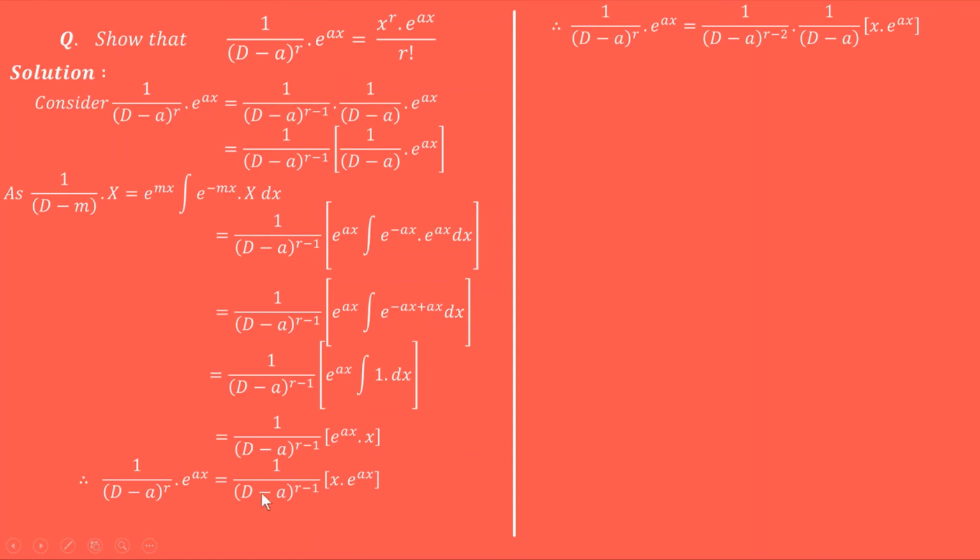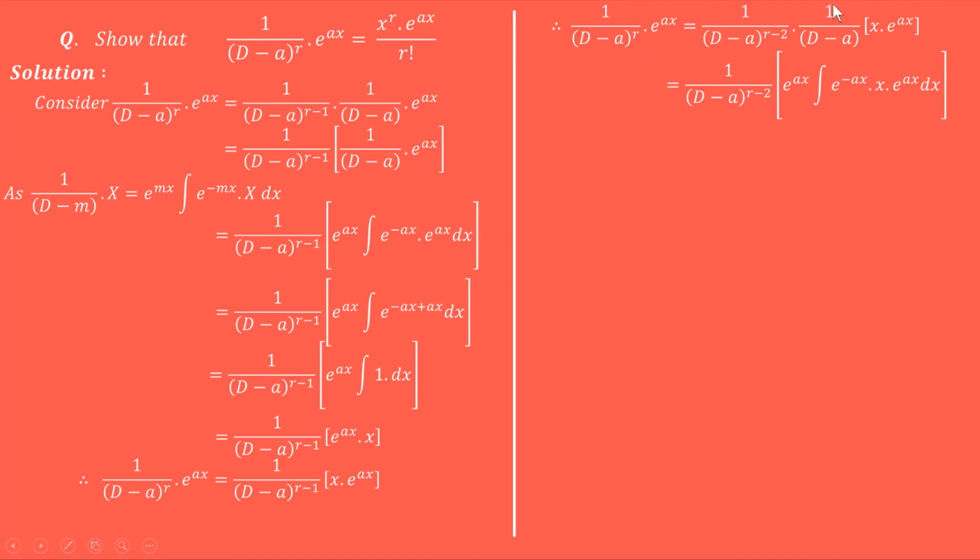Now we can write this 1/(D-a)^(r-1) as (D-a)^(r-2) into (D-a)^1, and this x e^(ax) as it is. So this is equal to 1/(D-a)^(r-2) as it is.